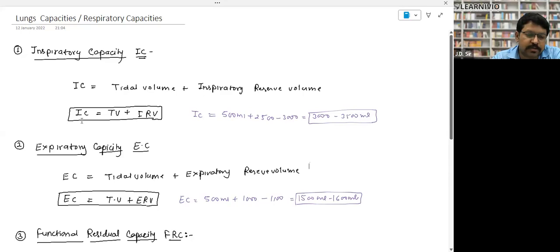Right. So that is IC, inspiratory capacity. Please note down. It should be clear because you know both TV and IRV. The same with expiratory capacity. Tidal volume again that 500 ml, and expiratory reserve volume ERV 1000 to 1100 that is forcefully expired, right? So please note down both IC and EC.